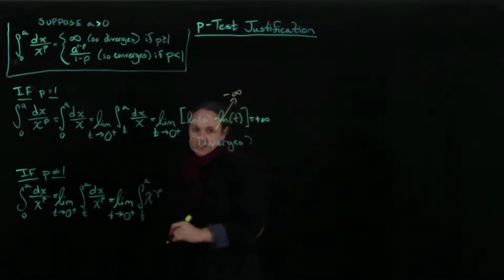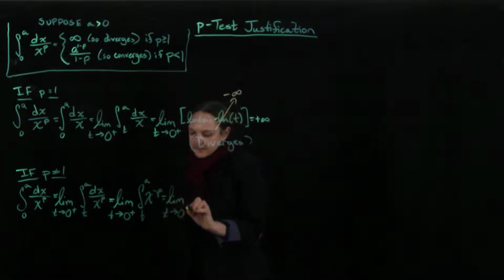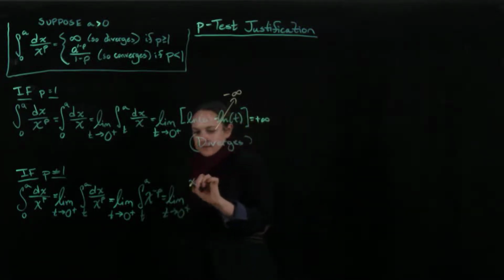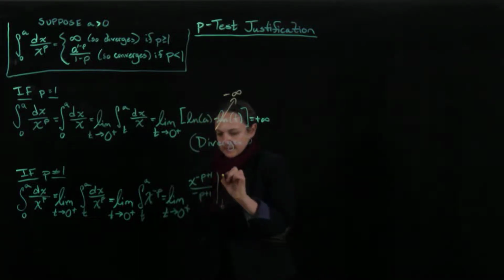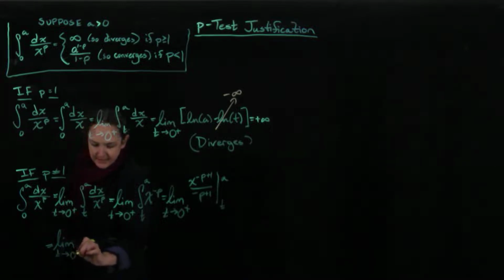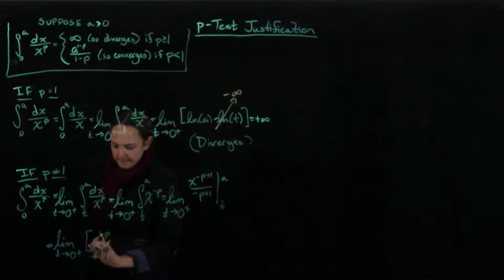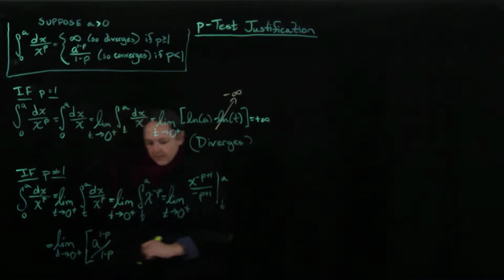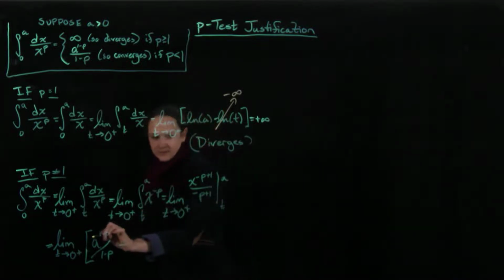That equals the limit as t approaches 0 from the right-hand side of x to the minus p plus 1 over minus p plus 1, from t to a, which equals a to the 1 minus p divided by 1 minus p, minus, and then I put in my t.